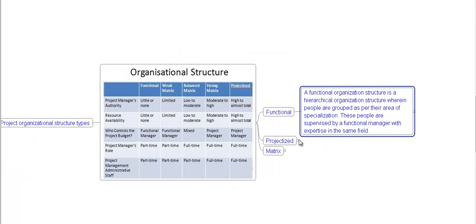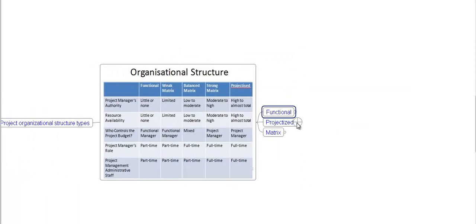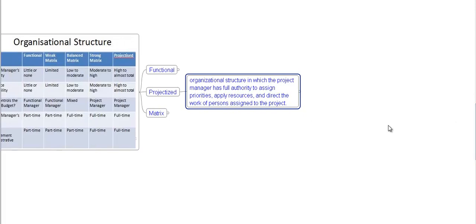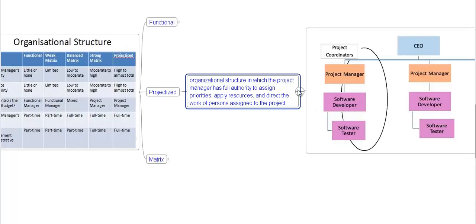Now we'll see the projectized organization. It is an organizational structure in which the project manager has full authority to assign, prioritize, apply resources, and direct the work of persons assigned to the project.